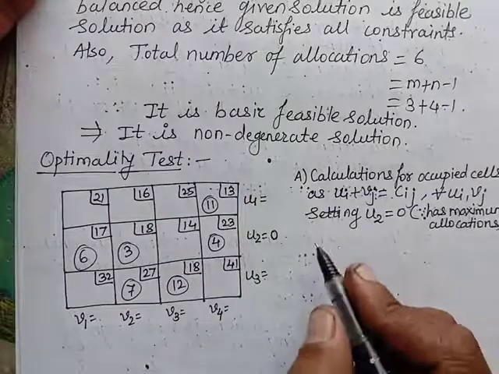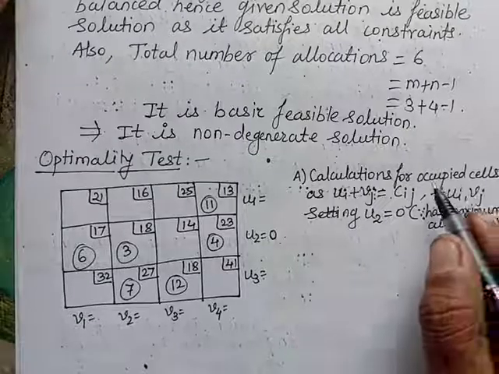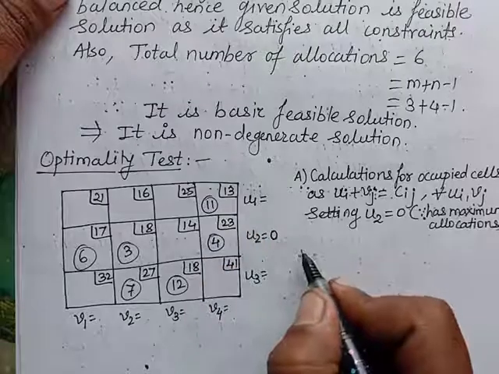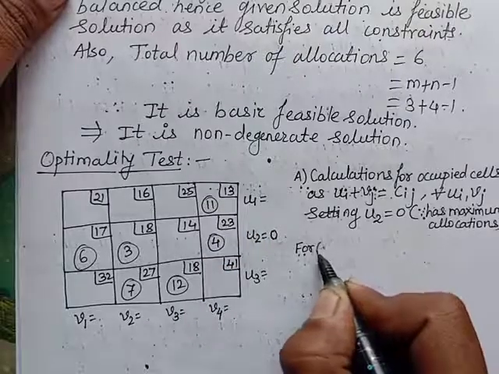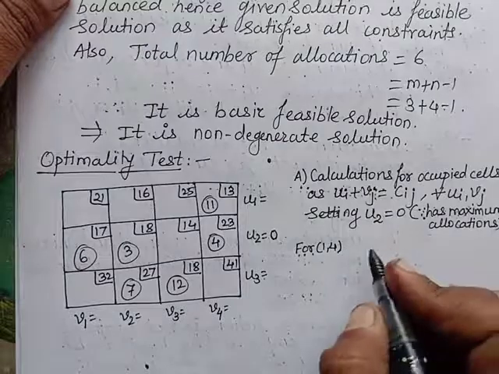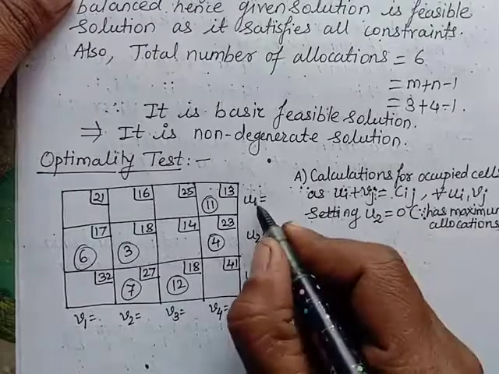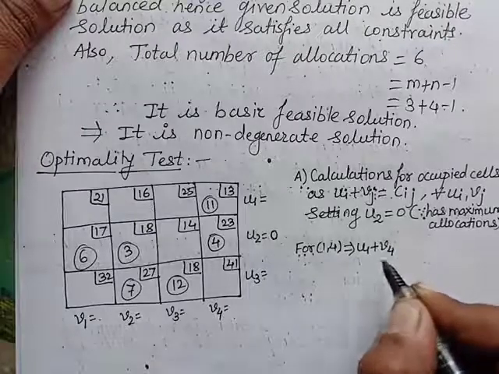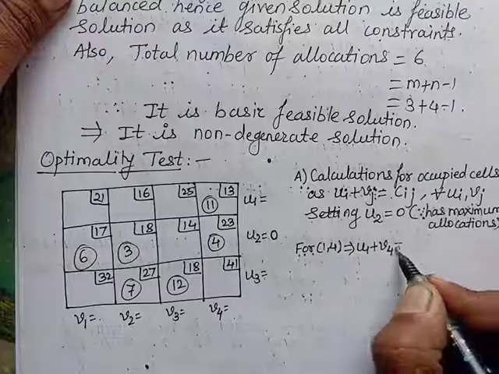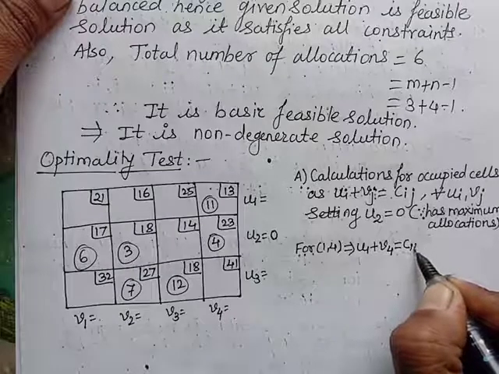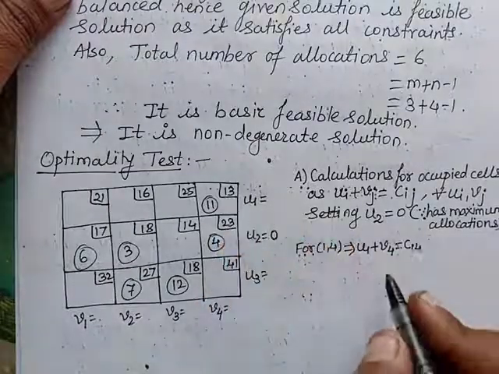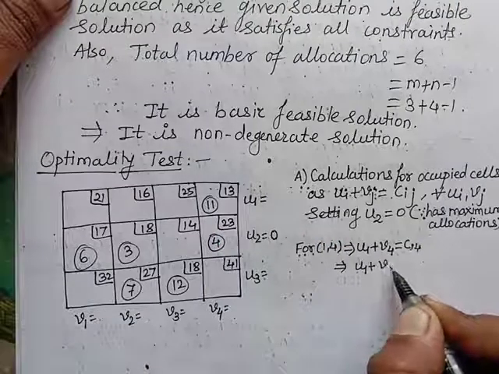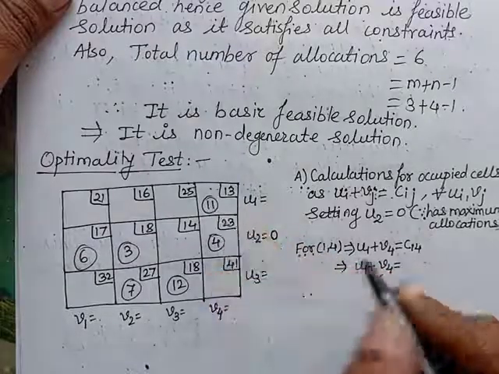Now first of all, for occupied cells we have to do the calculation. Let me do cell 1,4 first. For 1,4 we can write u1 plus v4 equal to C14. C14 is 13. So u1 plus v4 is equal to 13.